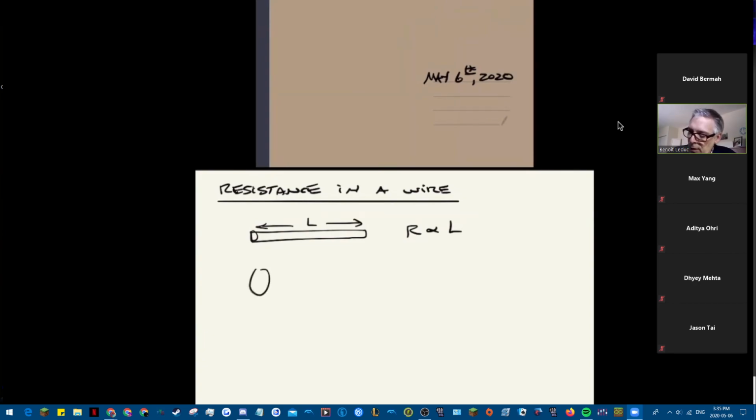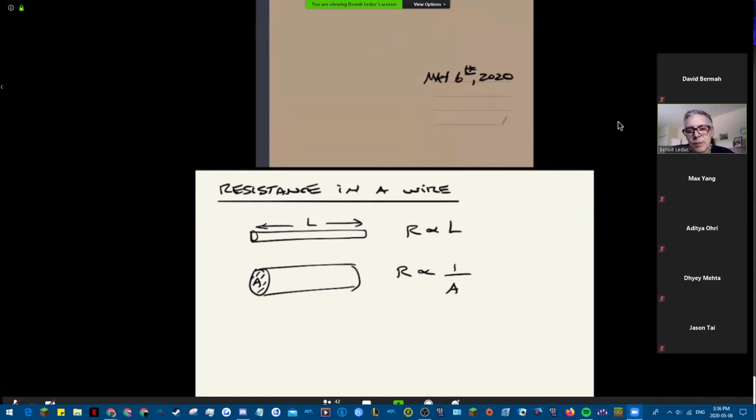The other one is the cross section. It happens that the resistance is inversely proportional to the area. So the thicker the wire is, the less resistance there is.